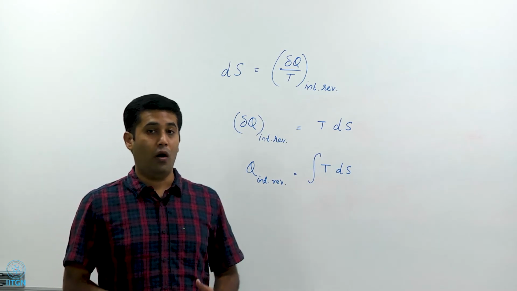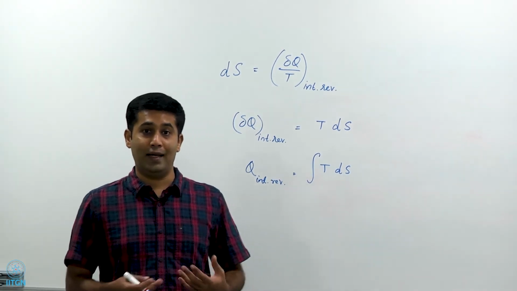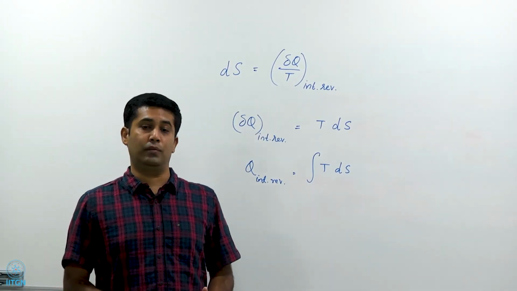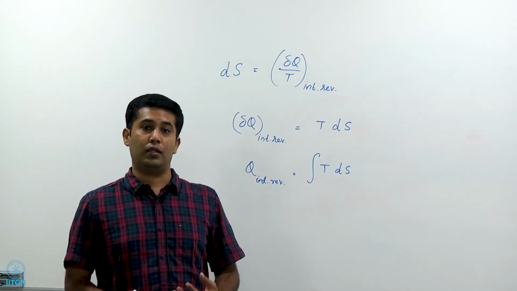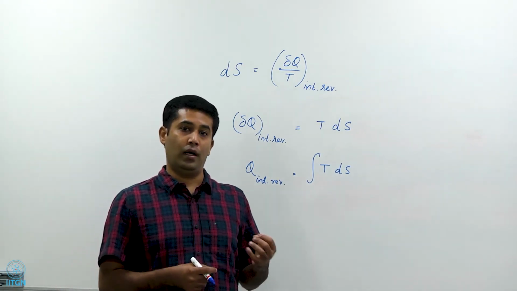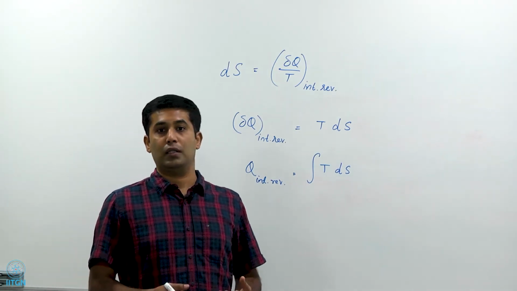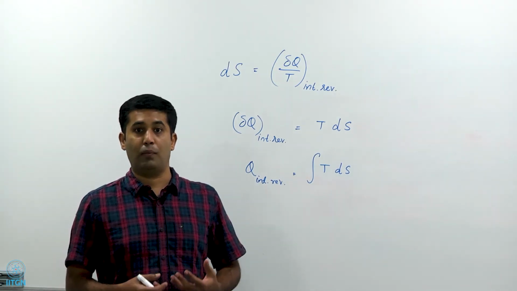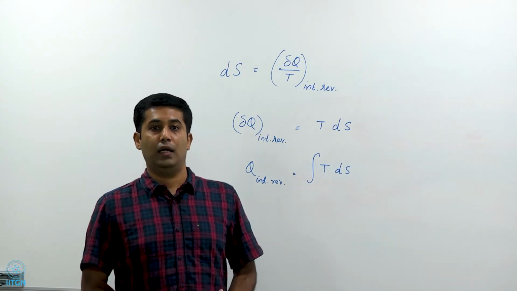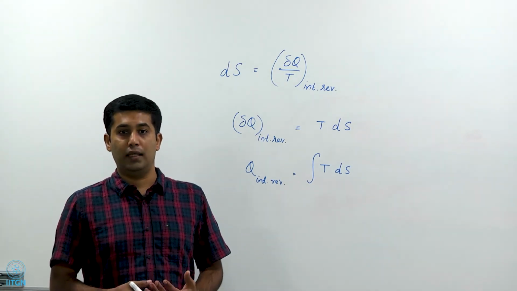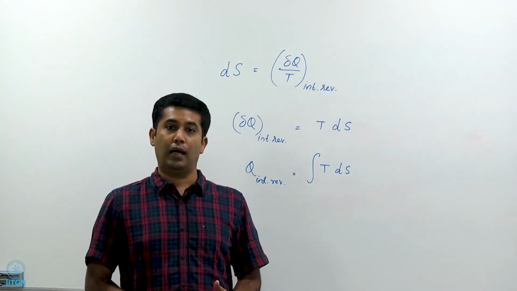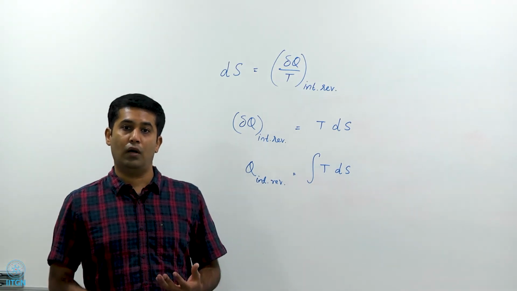And because all diagrams that we plot are inherently internally reversible, because it's not possible to plot irreversible processes on a 2D diagram, right? So most diagrams that we plot are actually internally reversible or approximated as internally reversible, and therefore we can calculate the heat for a process by calculating the area under the curve on a TS diagram.